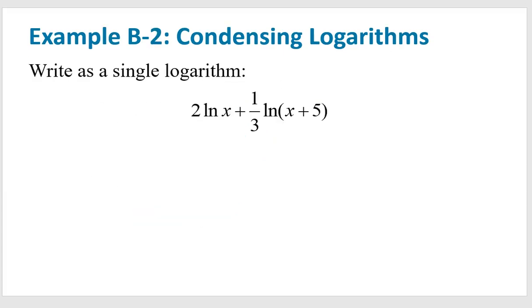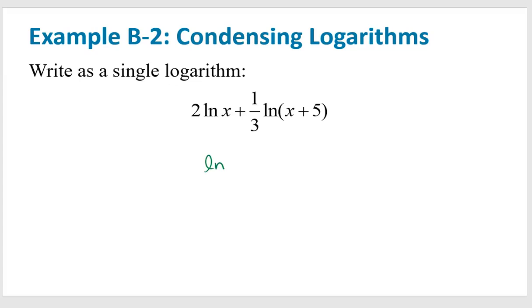All right, so let's get into some more challenging examples. So what about this? So this is some natural logs, and notice everything is a natural log, so that's wonderful. That means I'll be able to put all these together because they have the same base. They are both base e. All right, first thing I see is that there are coefficients in front of each of those natural logs. That means I can use the power rule. So I'm going to take both of those coefficients and bring them up as powers.